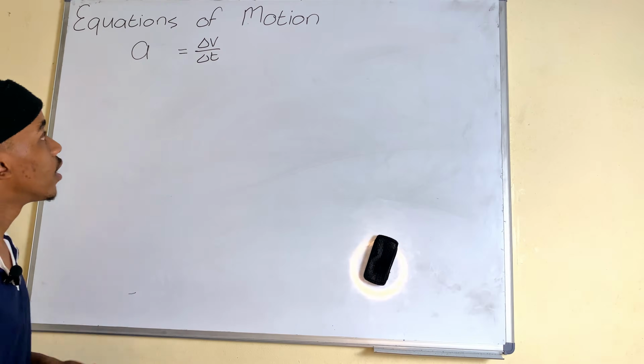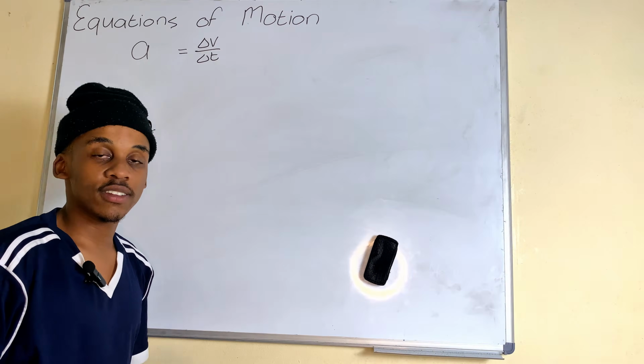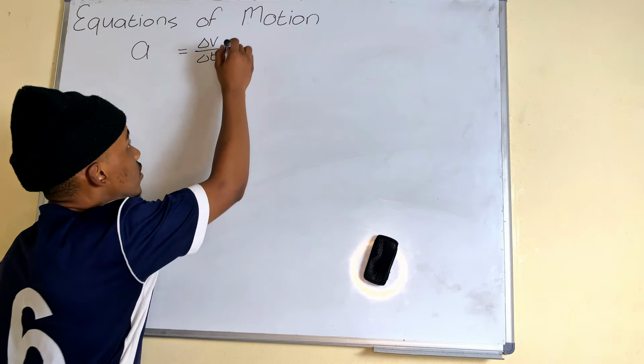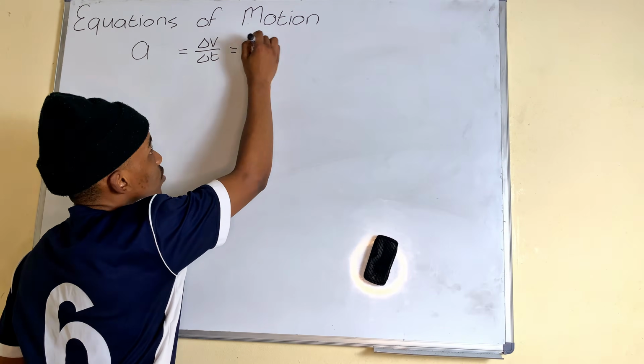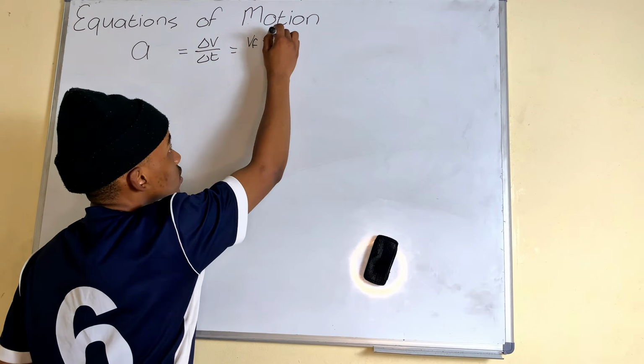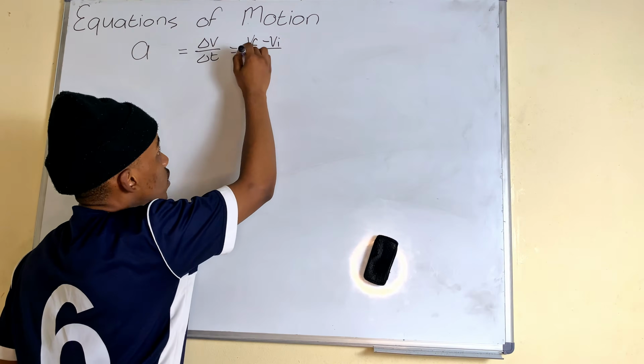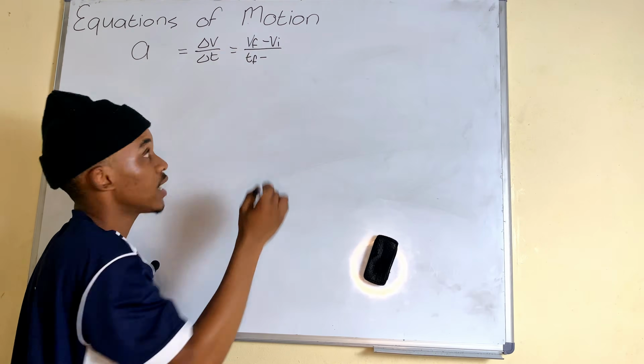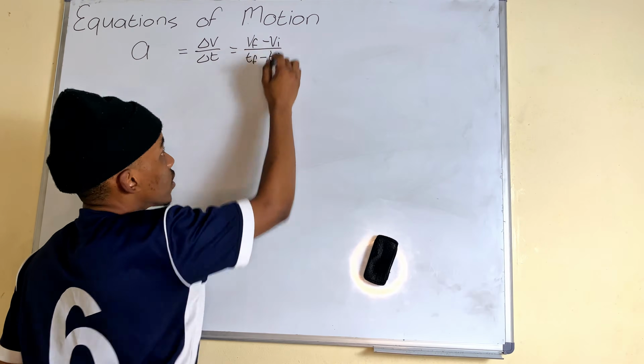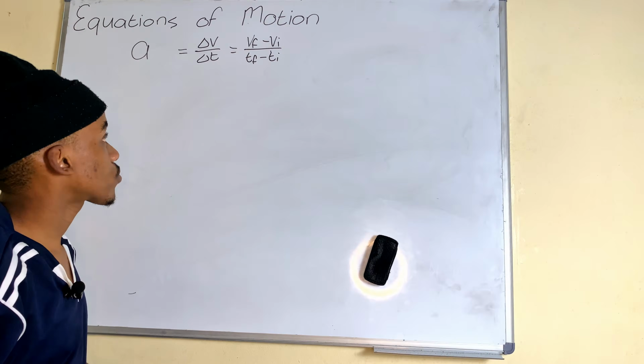Another way that we can write delta v over delta t is the final velocity minus the initial velocity, all over the final time minus the initial time.